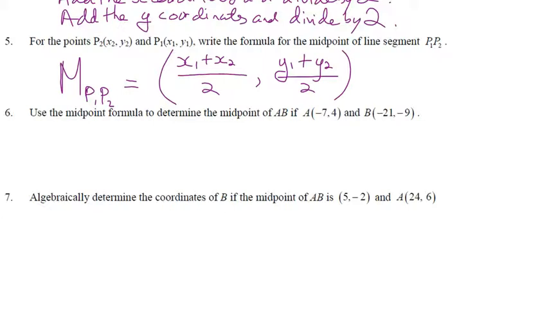Okay, so you just average the x's, average the y's. The average of the x's will be your x coordinate. The average of your y's will be the y coordinate.